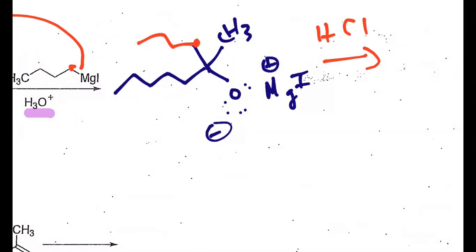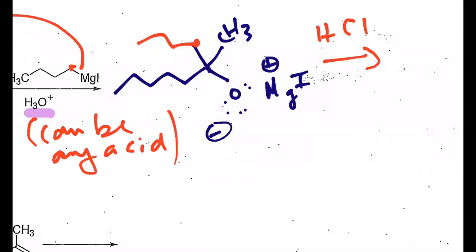Oh, so it doesn't have to be H3O? That can be any acid. I just need the H. I don't care about the rest of it. So this is going to attack here, break the HCl bond, and so now we're just gonna have everything look the same, but with the H on the OH group. But then obviously the chlorine will be floating with the magnesium iodide. Yep.